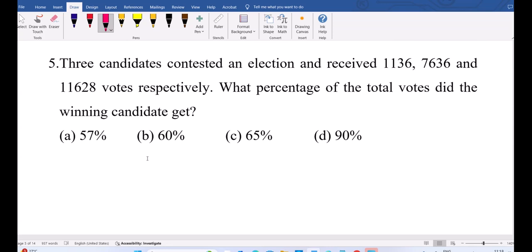And here, three candidates contested an election and received so and so votes. Fine. What percentage of the total votes did the winning candidate get? See, percentage of votes you got is how much you received out of total. Who is the winning candidate here? Third person. So what is the votes he received out of total?